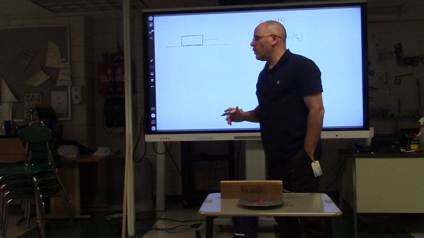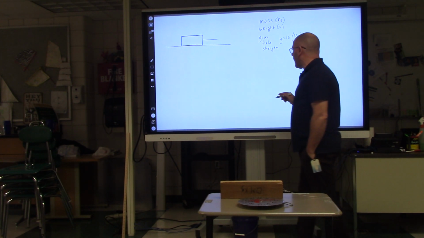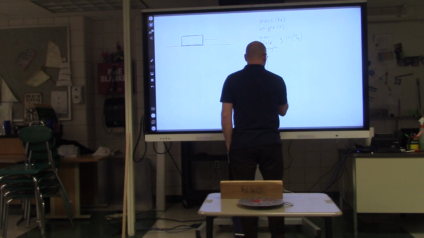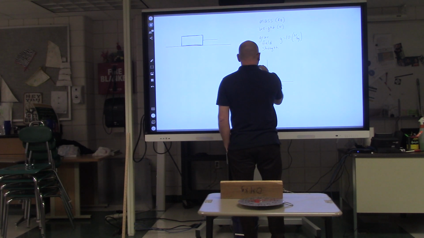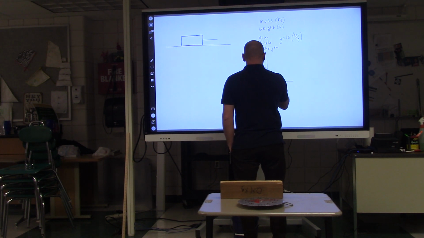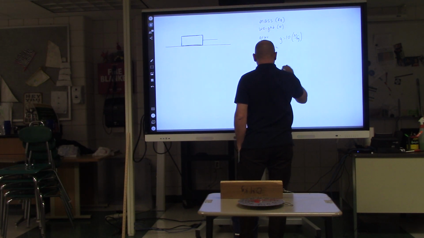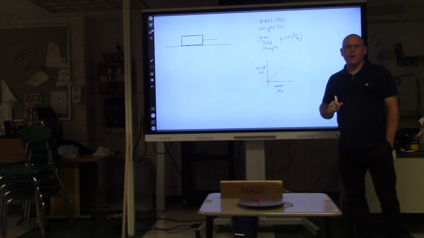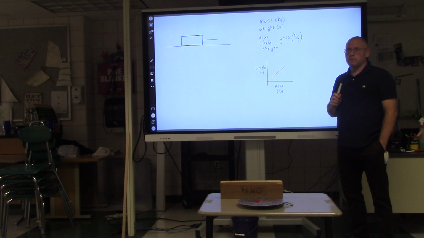These three are related through a lab that you did. Do not forget this lab, where you took different masses, measured in kilograms, and measured their weight in newtons. This is a linear relationship. Does this seem vaguely familiar? What was the slope of this line? Newtons per kilogram.